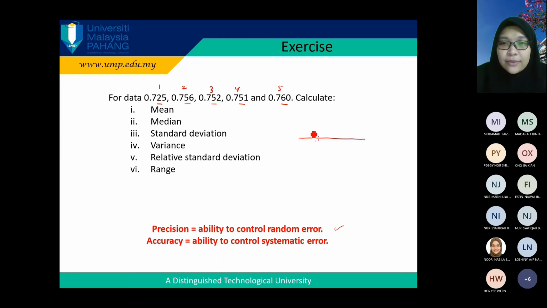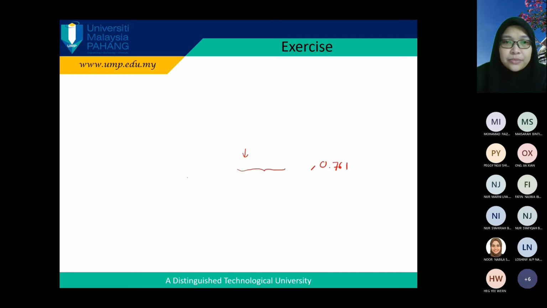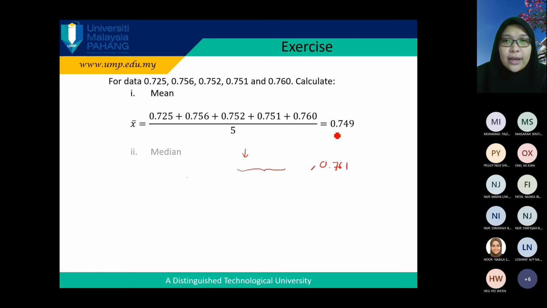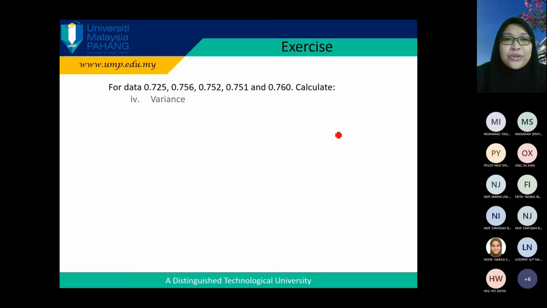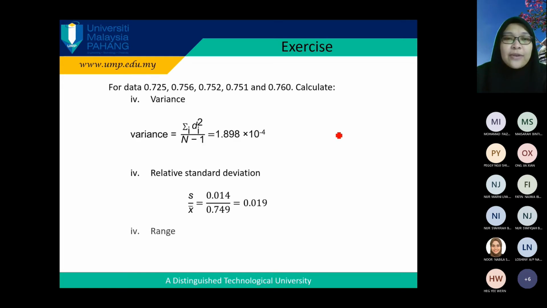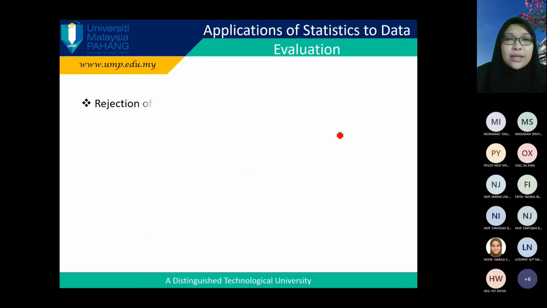So this value is quite far from others, 0.725 might be an outlier. But we cannot judge without calculating using the statistics. So that's why these statistics are used to reject an outlier if it is an outlier. How to calculate that, we are going to look at after this.